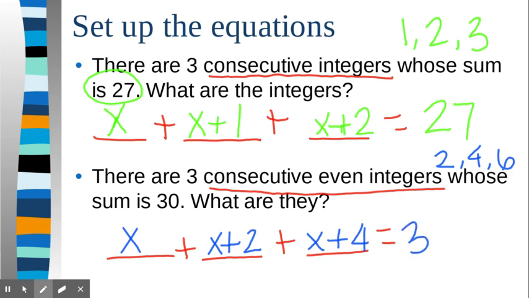This one is 30. If you look back at the previous example, that odd integers was set equal to 69, an odd number. That will kind of take care of itself. When you go to solve this one, you'll end up with an even number for this first term, and then you'll be able to list your consecutive even numbers.